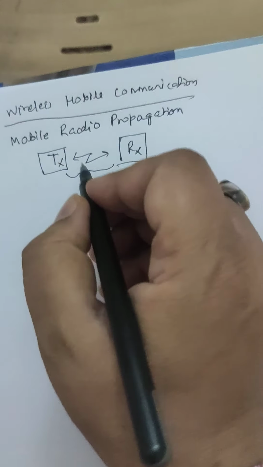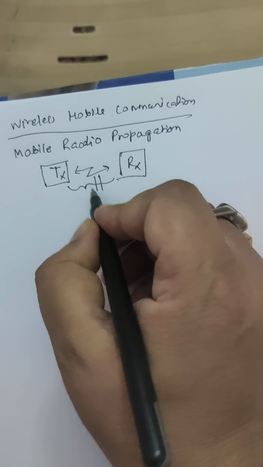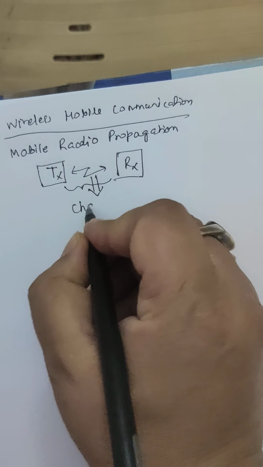Why? Because look at this. This one is the free space. This is called the channel.